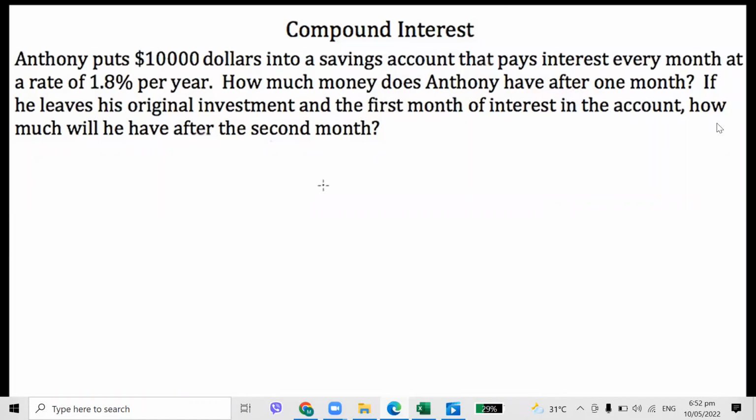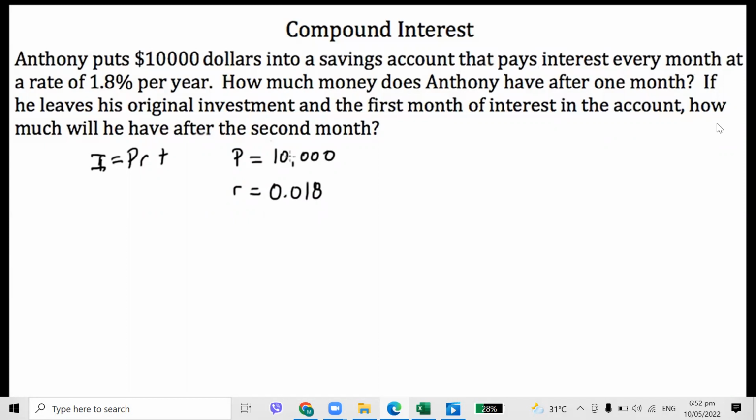We're going to use our simple interest formula, I is equal to PRT. Now our principal, or our initial investment, that's $10,000. Our interest rate, R, that's 1.8% per year, or 0.018 per year, but we get paid interest every month.